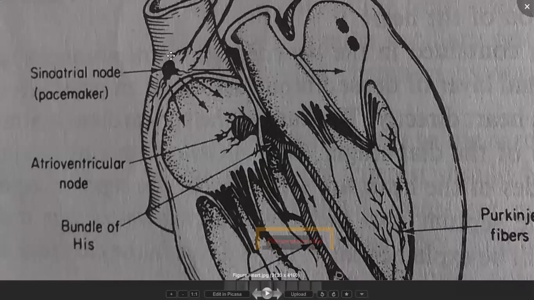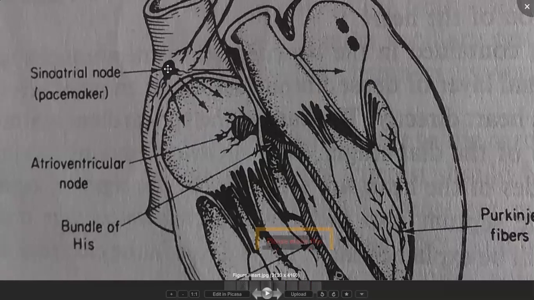Those pulses travel in this arrow direction. This arrow indicates the pulse traveling to the left atrium, and these pulses excite the right atrium. This is the right atrial chamber, and this is the left atrial chamber.